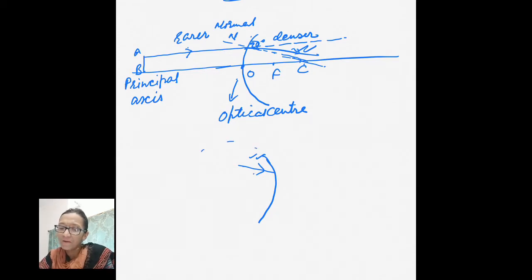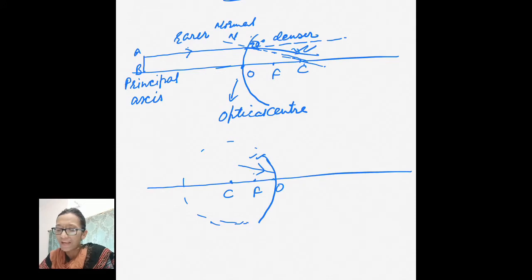Now again we will find the center of this part of the sphere, and let the center of curvature be here. Now let us take the optical center and nearly half of it as focus, and let us draw the same principal axis for the second surface too.